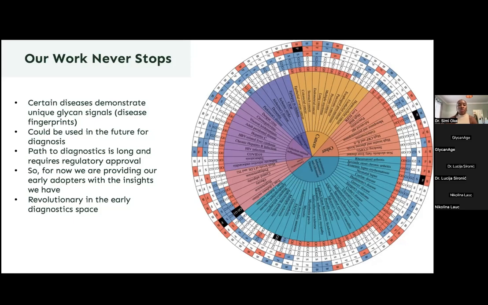So at the moment, we are presenting this as a wellness test, a test that can be used in practice with partners who understand how it can be used. But going forward, the aim would be to get this to diagnostic test level. For our early adopters, we're giving them the insights that we have from the research we're doing, which, as someone who believes in evidence-based medicine, I think is the best way to work.